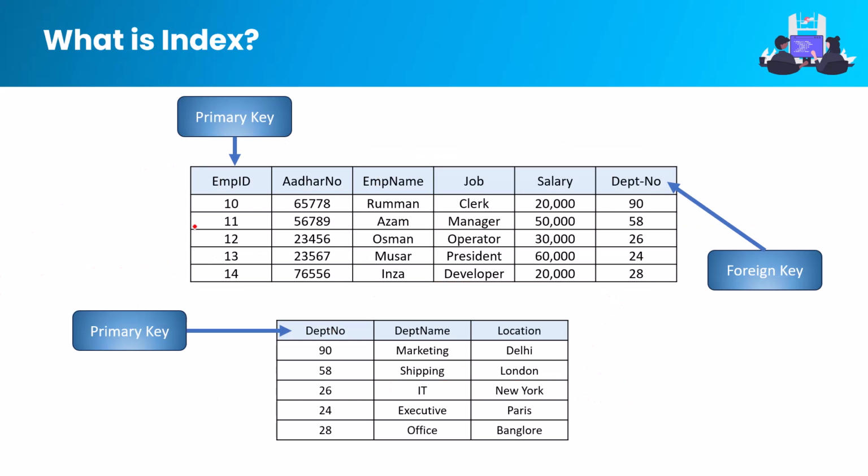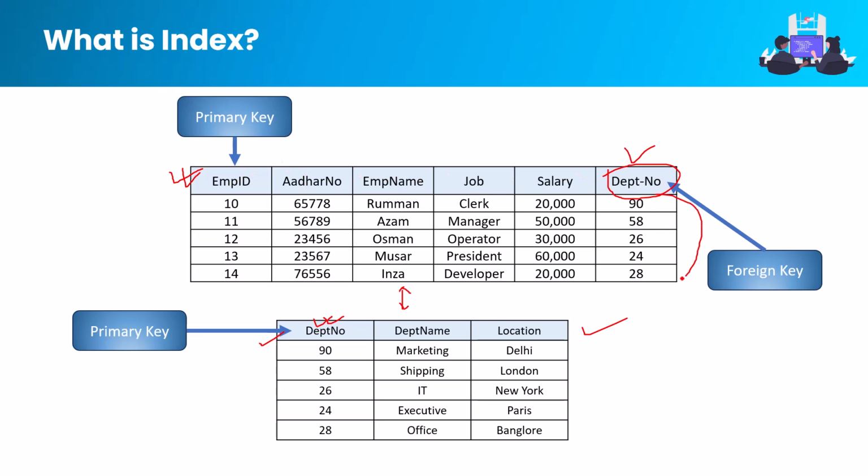As you can see, we have two tables, actually the employee table and here the department table. In this table, the primary key is the employee ID, and in the department table the department ID is unique, or this is the primary key. Okay, but when there is a relationship between these two tables, then we can create one column called department ID in the employee table, and the department ID will be the foreign key for this employee table.